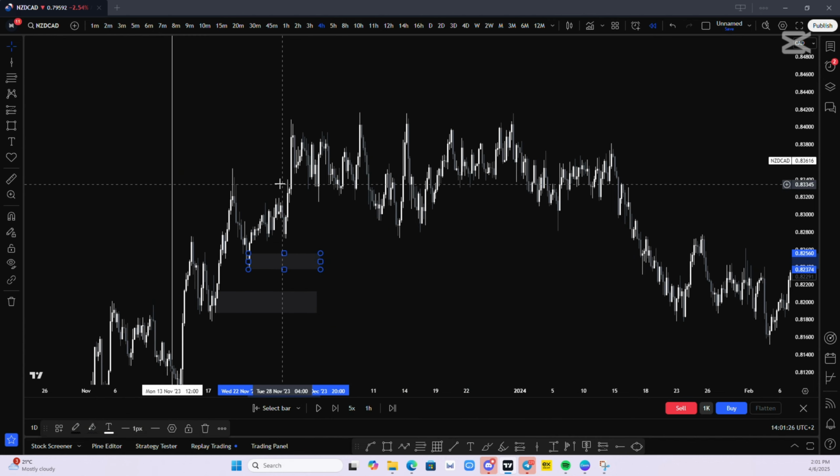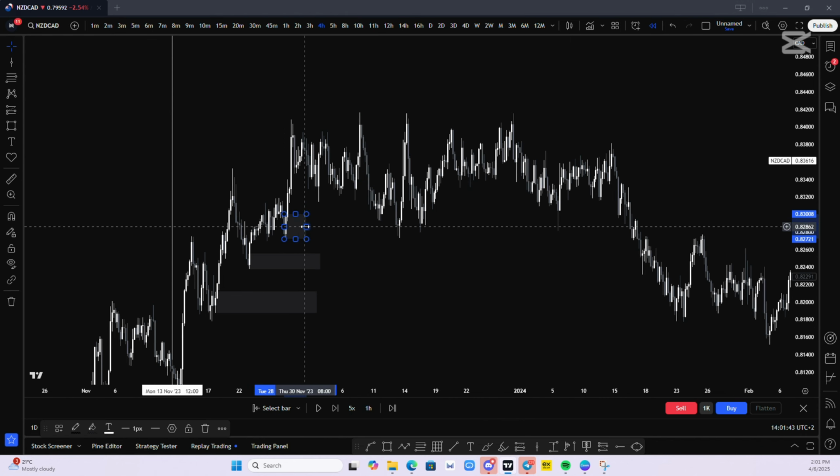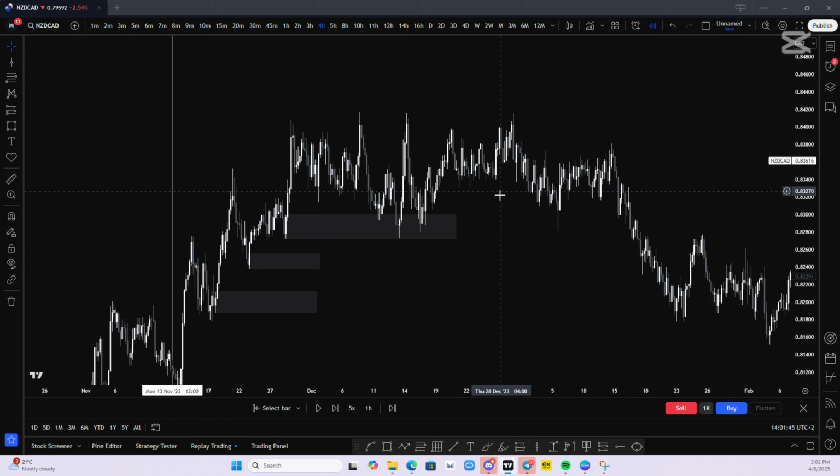But when price violated this here, price also created this. So price respected this demand area and pushed to the upside. Price did not quite violate our previous high, but that's also completely fine.